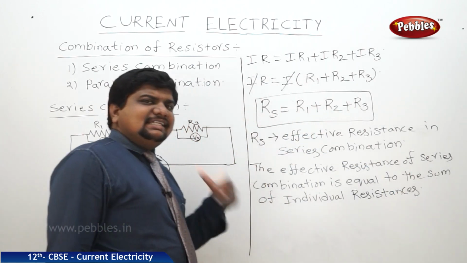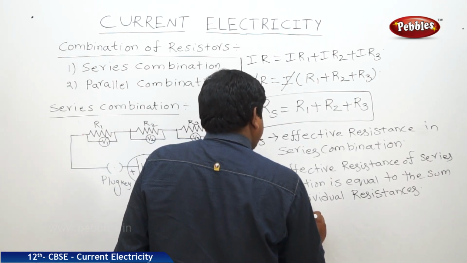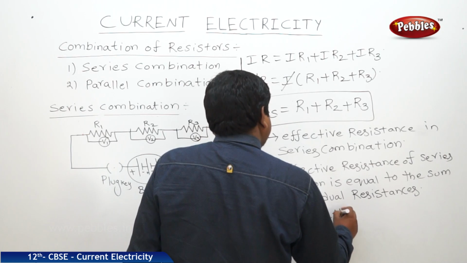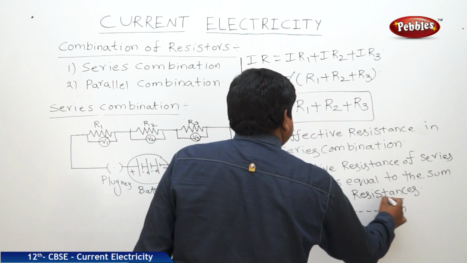Suppose if n resistors exist in the combination, we can write Rs is equal to R1 plus R2 plus R3 and so on up to Rn.